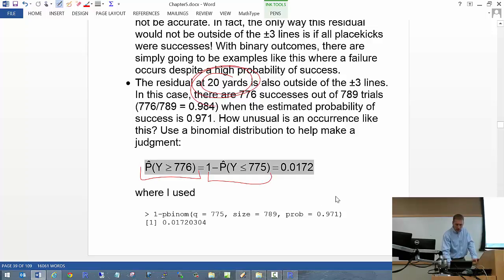And if you use a binomial distribution using pi hat for that distance from the model as the prob argument, you get a probability of 0.0172. Since that probability is small, it says it is kind of unusual to observe this extreme number of successes.